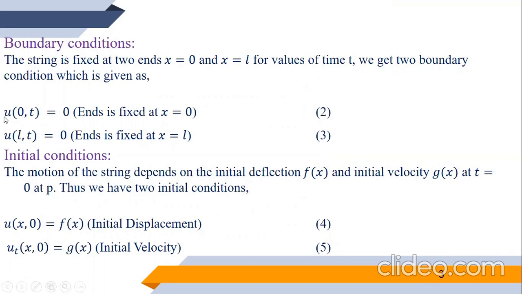First, u(0,t), that means the displacement, is 0 and u(L,t) is also 0. That means the end is fixed at x is equal to L. So boundary condition, when x is 0, u is 0. When x is L, u is 0.